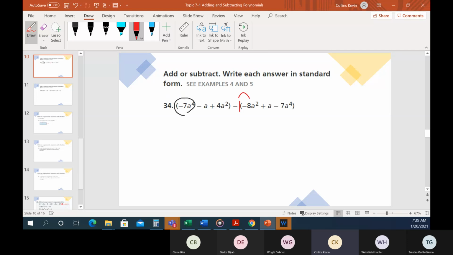So if I do minus 1 times minus 8, that's going to be plus 8a squared, right? Now if I do minus 1 times a, that's minus a. And if I do minus 1 times minus 7a to the 4th, I get plus 7a to the 4th. So you can totally do it that way.